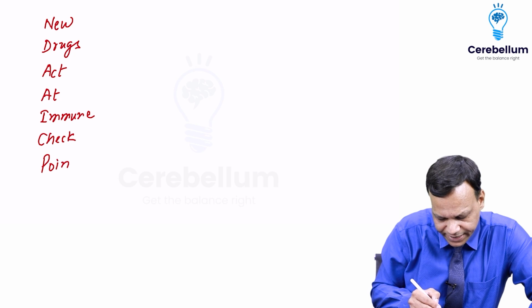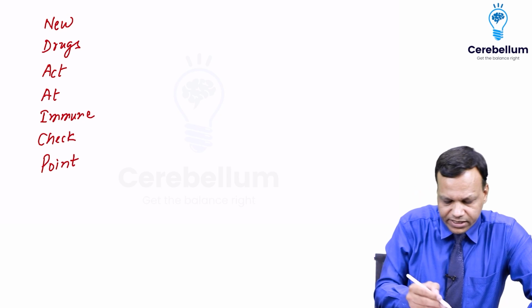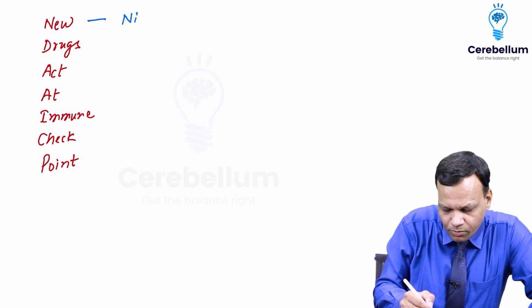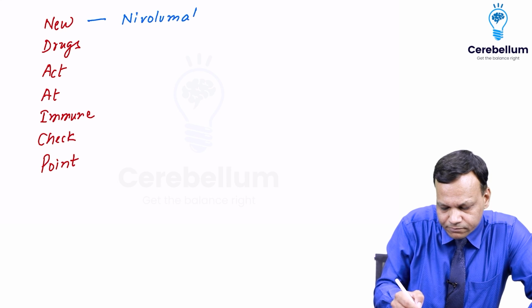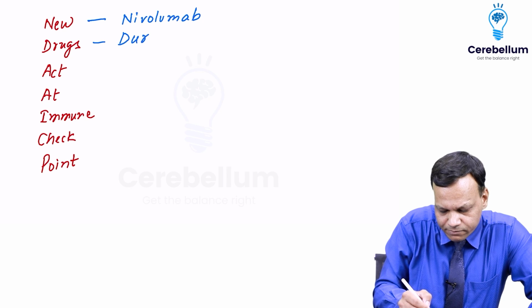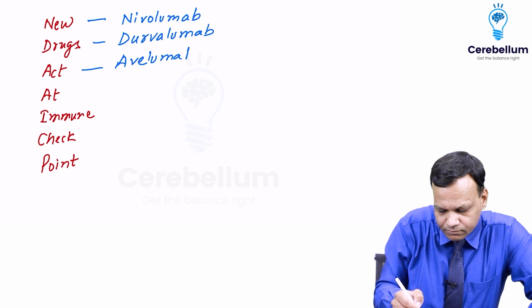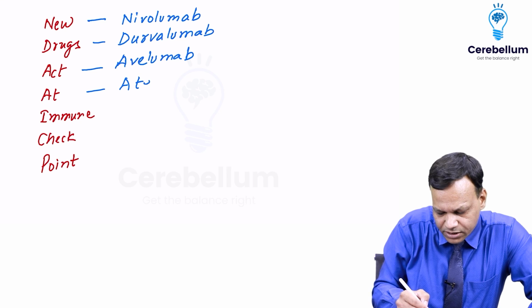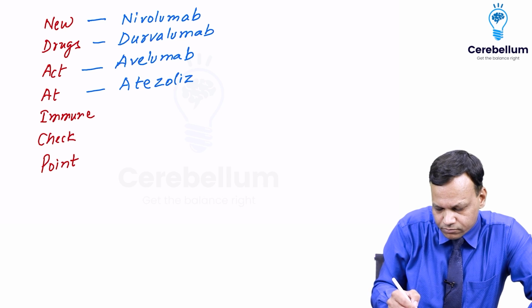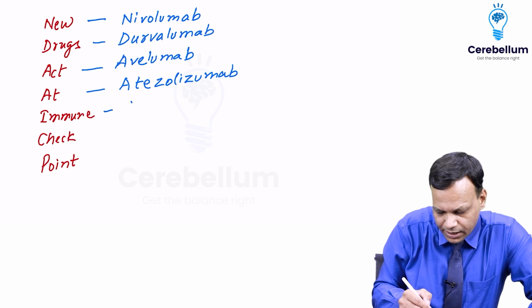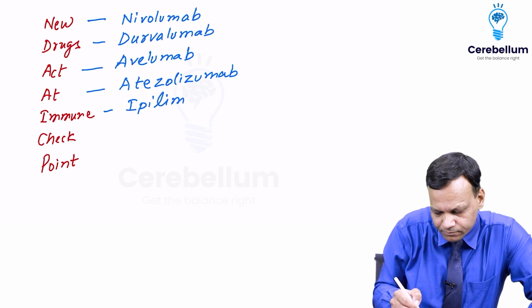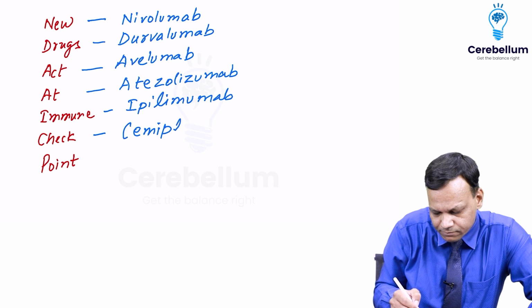These are the new drugs which act at immune checkpoint, and the names of the drugs you can remember: N for nivolumab, D is durvalumab, A is avelumab, AT is atezolizumab, I is ipilimumab, C is cemiplimab, P is pembrolizumab.